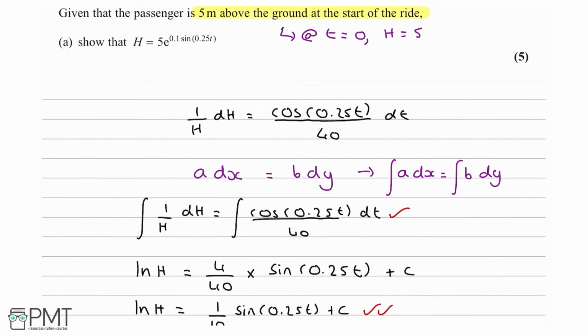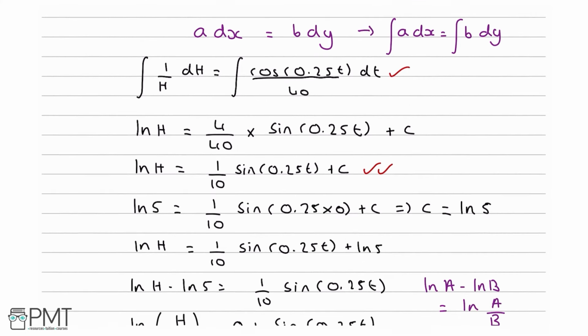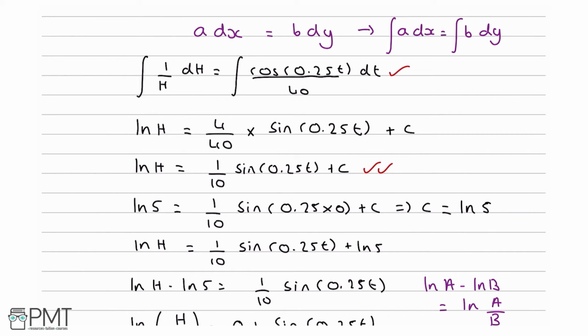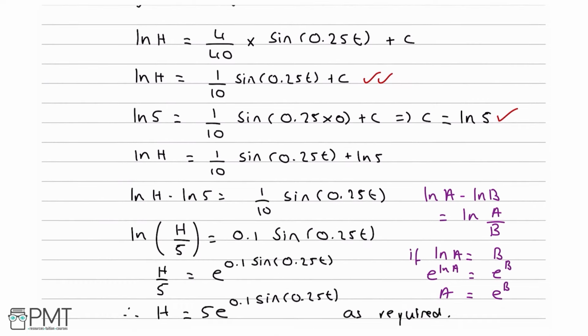Your 4th mark comes from knowing that at t equals 0, h equals 5, so using that information. This line here to get c equals ln of 5 is enough for your 4th mark. And then your 5th mark comes from getting the final answer. So it's a lot of work and algebraic manipulation to get your 5th and final mark.